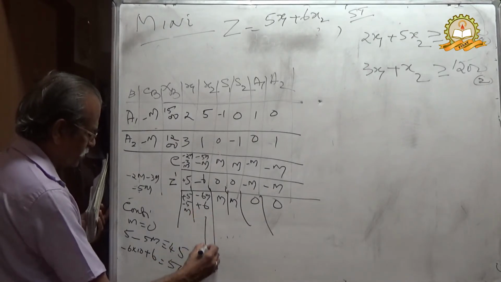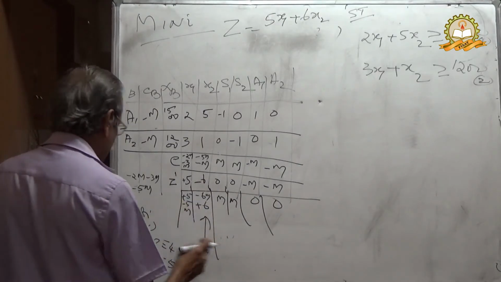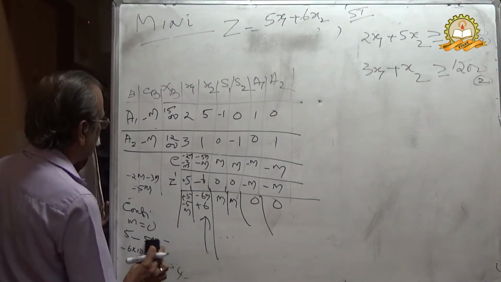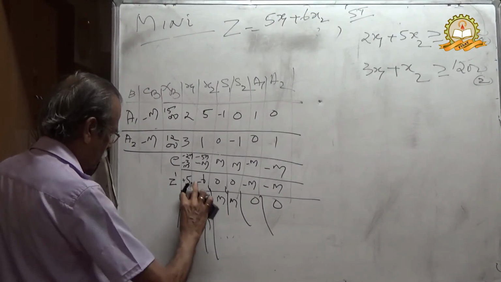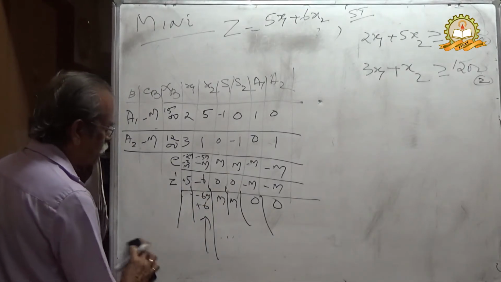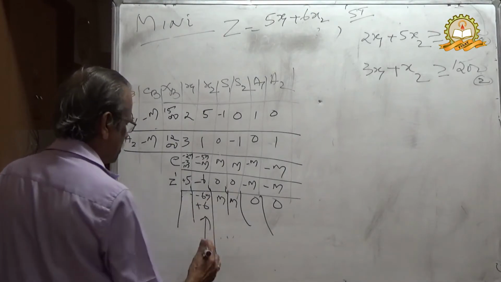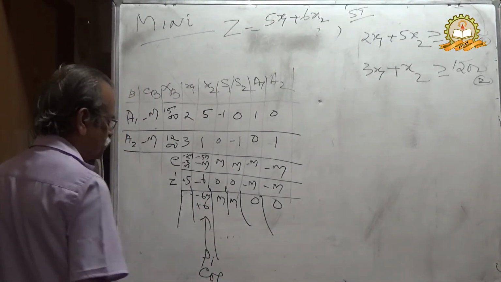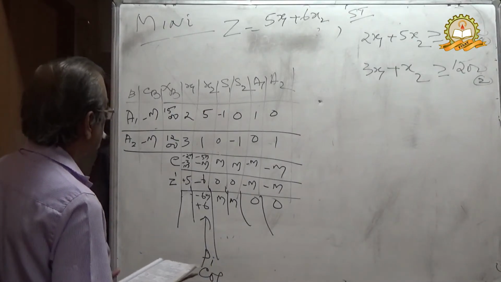Therefore, this is the highest negative, negative 54. Therefore, the x2 column is the pivot column.